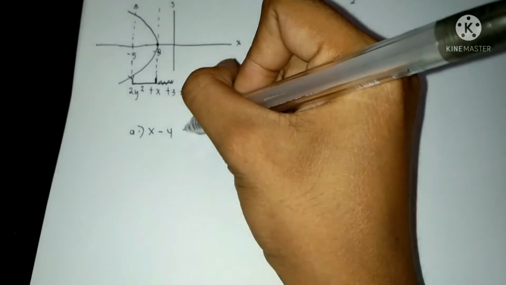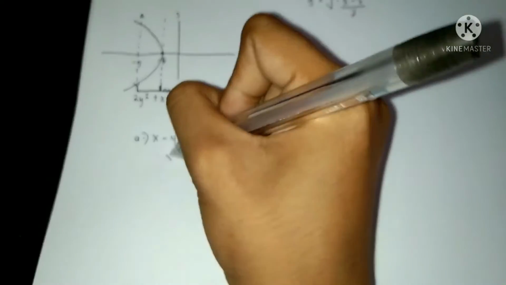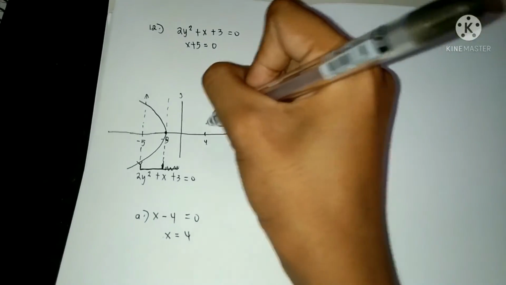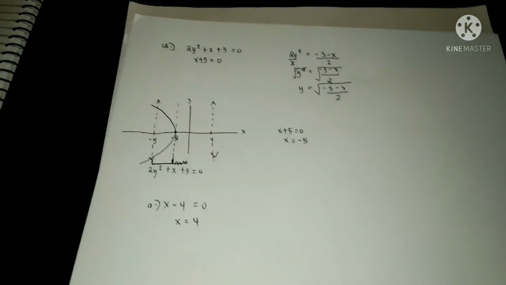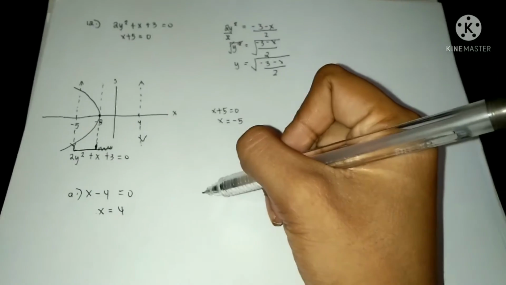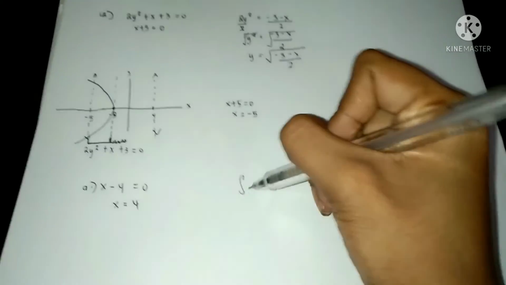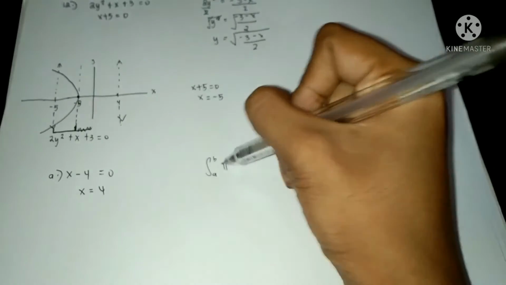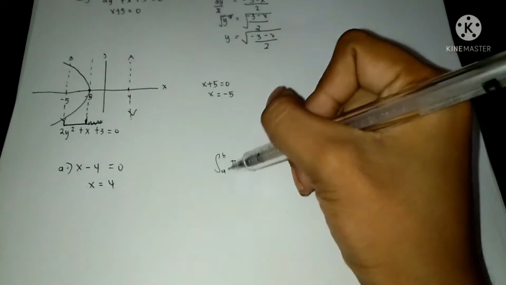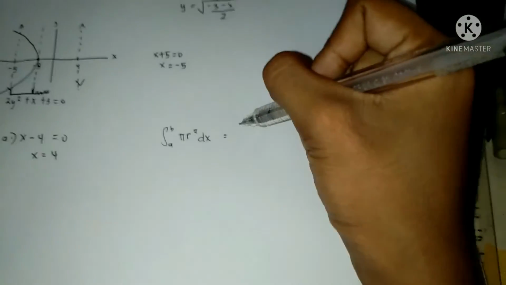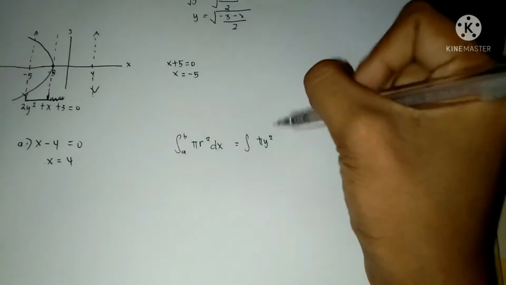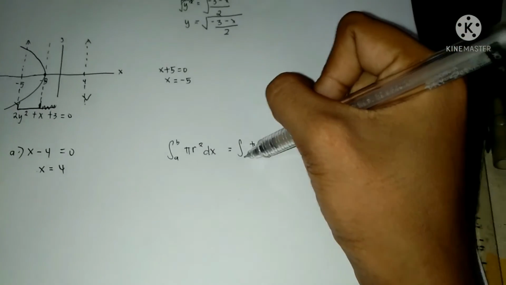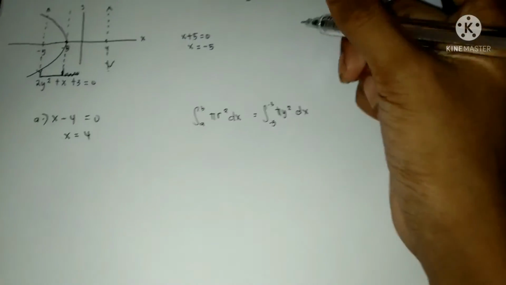Equate lang natin into 0, magiging x is equal to 4. So, andito yung letter A. Dito siya. Kukuha rin yung integral nito by using the formula integral of pi r squared dx from a to b is equal to the integral of pi y squared dx from negative 5 to negative 3.